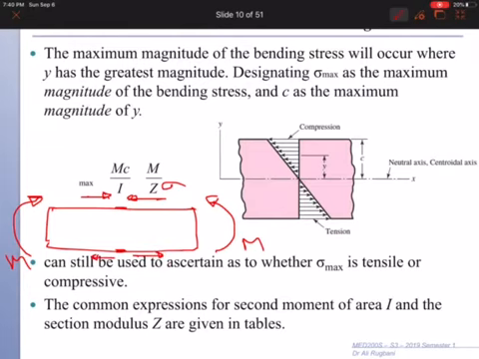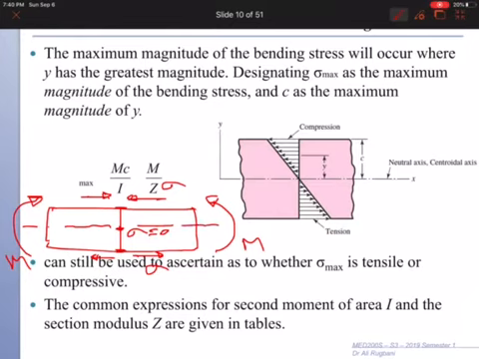So this bending moment will lead to compression at the top, tension at the bottom, and the transition between tension to compression in this cross section, stress will go to a point where sigma is 0, or there is no stress, and that point is the neutral axis.